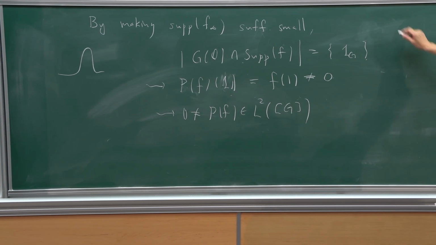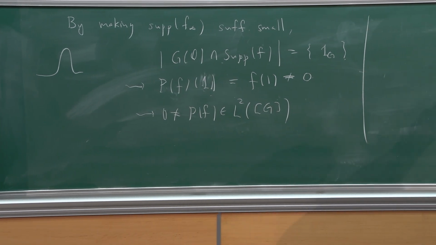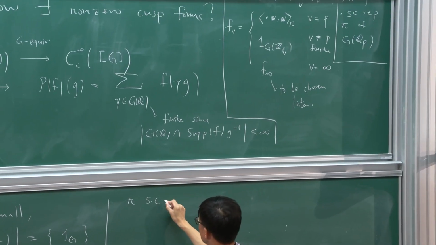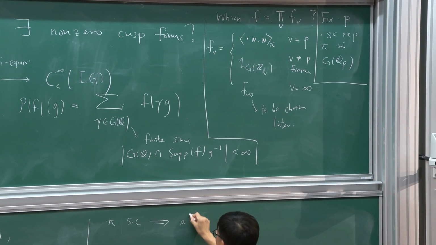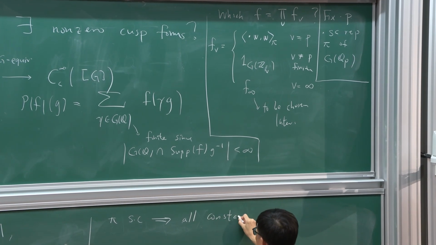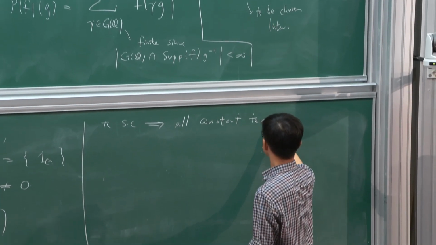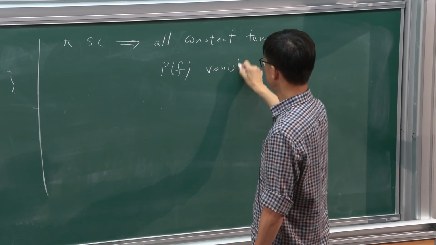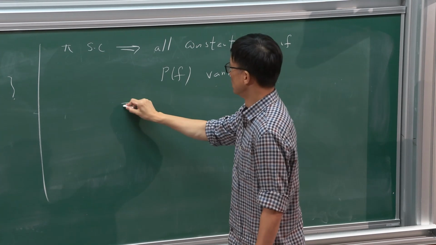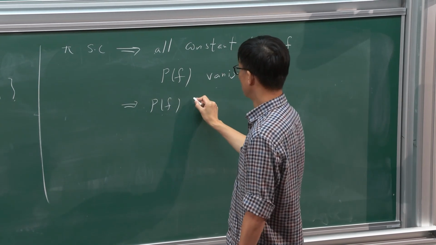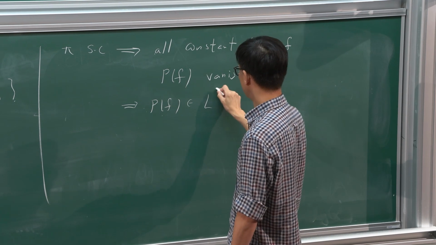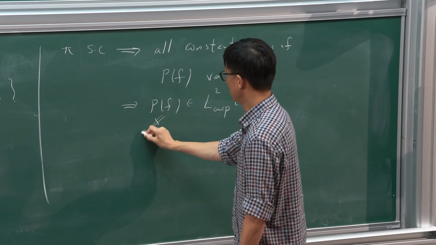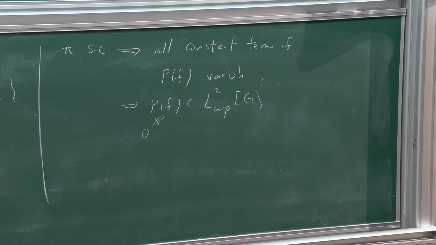And now you use the fact that at your place P, pi supercuspidal will imply that all constant terms of PF vanish. Okay? And so in particular, PF is a non-zero cusp form. Okay, so that answers the question.